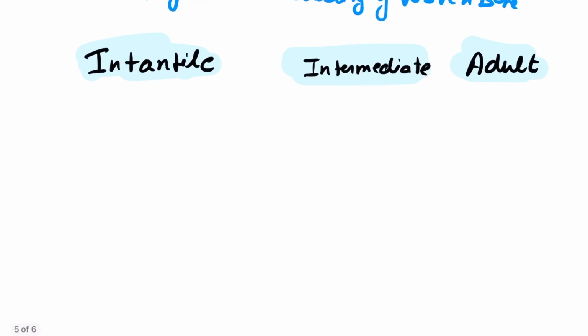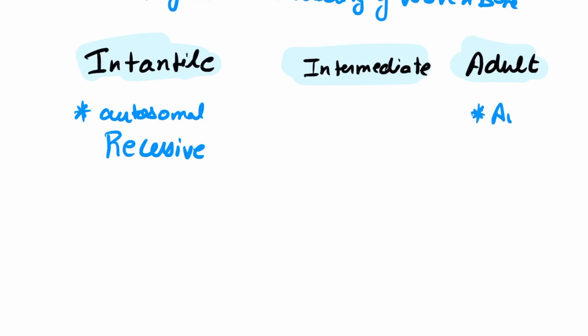In infantile type, it will be inherited as autosomal recessive, and the adult will be inherited as autosomal dominant. And the intermediate can be either dominant or recessive.